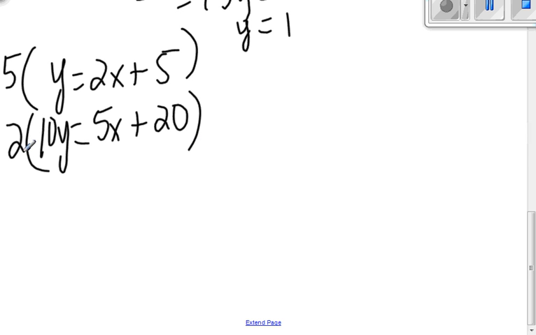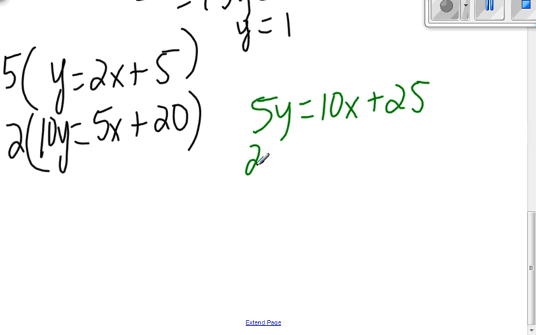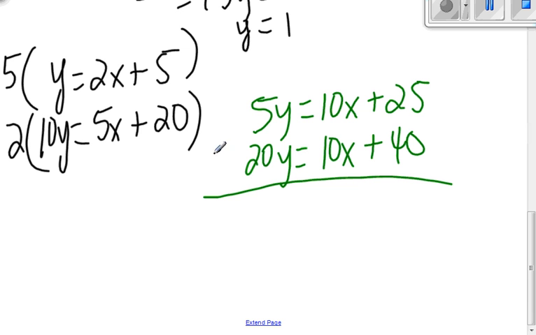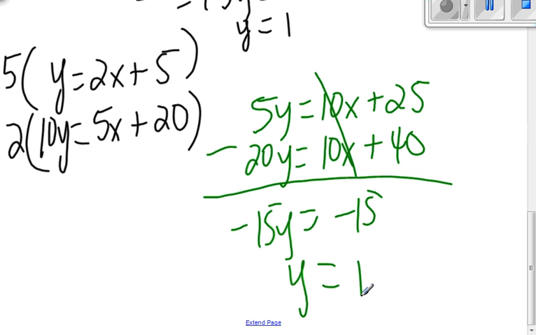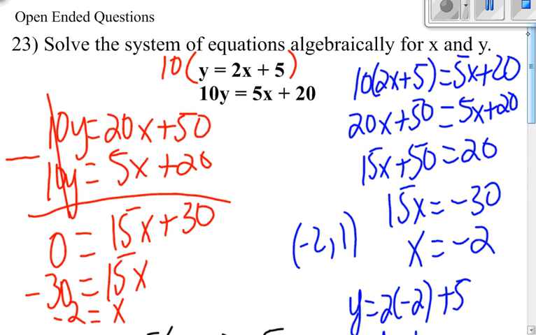So we get 5y equals 10x plus 25, and the bottom equation will be 20y equals 10x plus 40. Subtract. Negative 15y equals negative 15. y equals 1. So there are lots of methods and options here. Look these over, try a few of them, pick whichever is best for you.